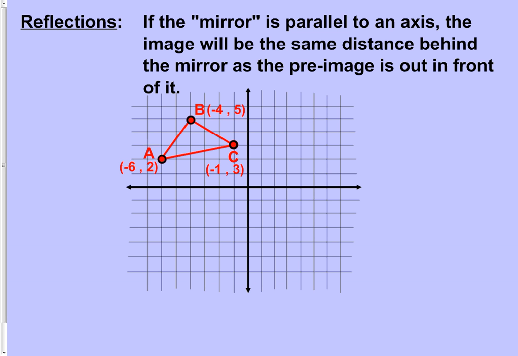Having it in a graph actually helps us keep the information fairly positioned correctly. Okay, so let's say we're looking at a graph here, and we have a triangle ABC, and we have coordinates of triangle ABC. A is at -6, 2, B is at -4, 5, and C is at -1, 3.